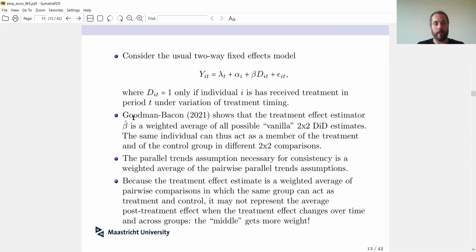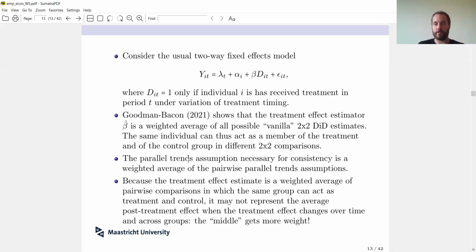So there have been a couple of papers on this issue. For instance, Goodman-Bacon shows that the overall treatment effect, so your beta hat, will be a weighted average of all possible vanilla 2 times 2 difference-in-differences estimates. So again, the same individual can be both in the treatment and in the control group, depending on which group you compare it to.